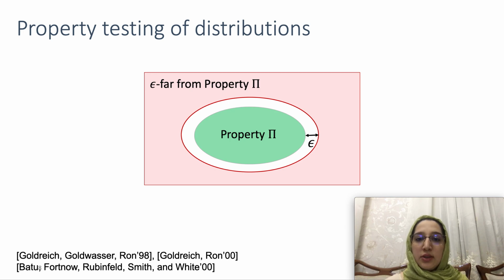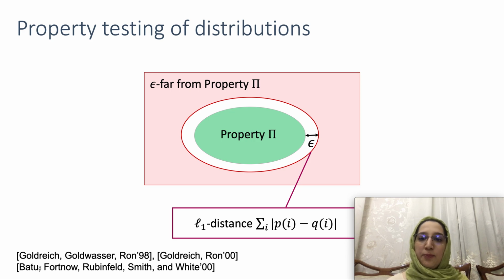We want to distinguish the case where the distribution has a property, or is in a set pi, or it is epsilon far from having the property, meaning that it is epsilon far from every distribution in pi for some notion of distance. The distance that we consider in this talk is the L1 distance, or equivalently the total variation distance.